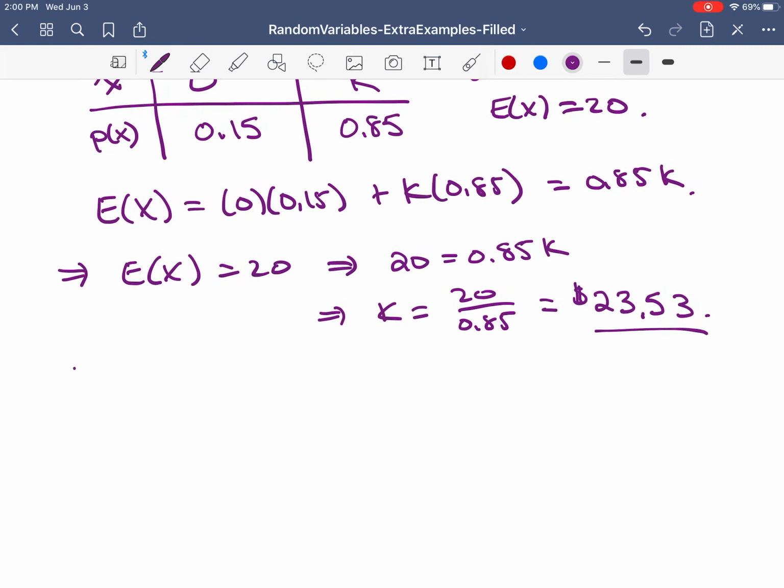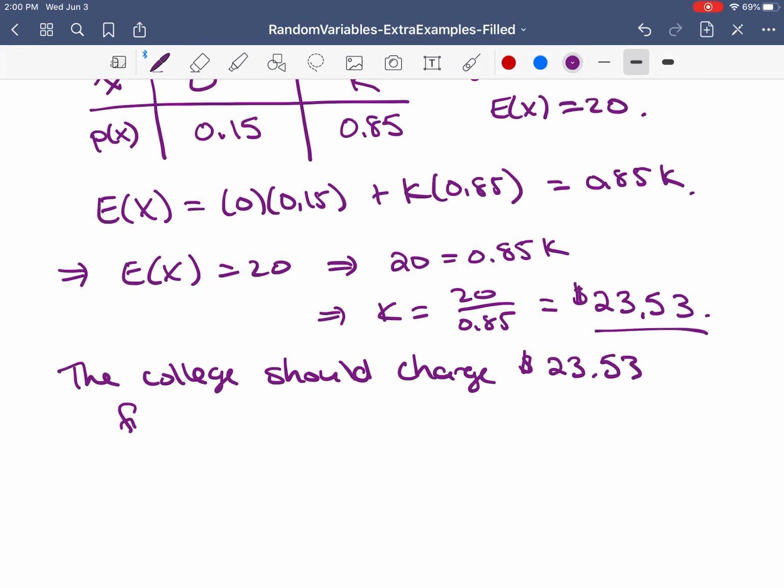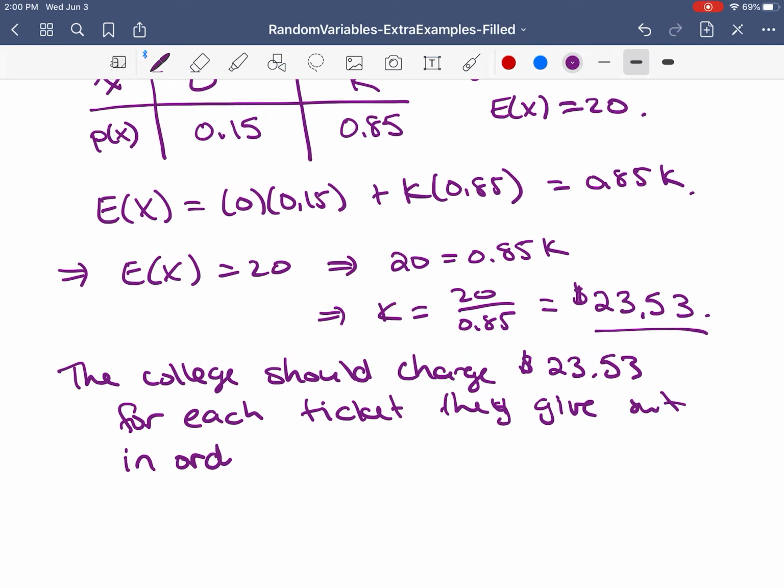So the college should charge $23.53 for each ticket they give out in order to expect $20 on average.